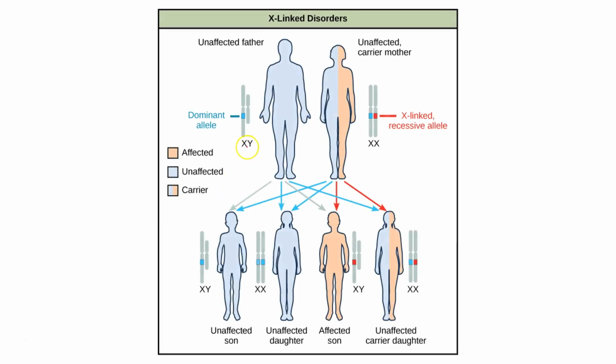Here's kind of a picture. Let's say that there's a dominant allele on the X chromosome and a man has it. So he's got an X and a Y, and on the X is the dominant allele. And then let's say there's a woman who has an X-linked recessive allele, which is the red one, as well as a dominant allele. Well, when they have offspring, these are all the combinations that could happen.